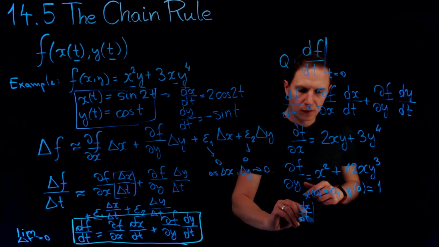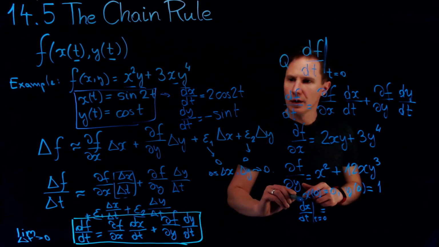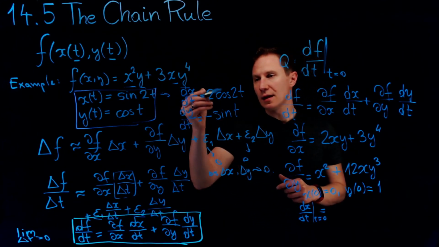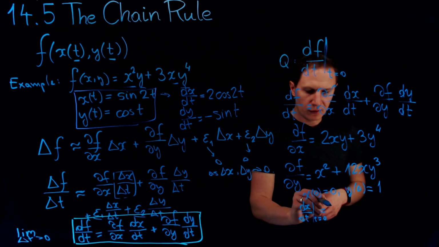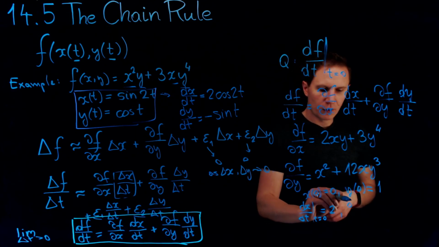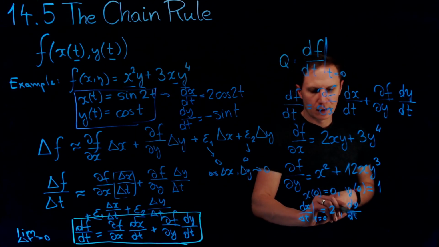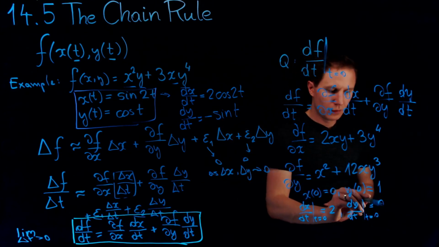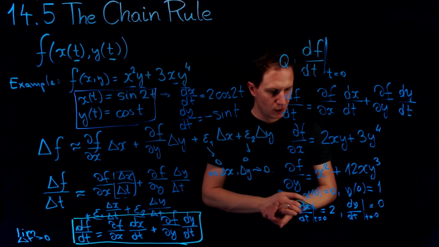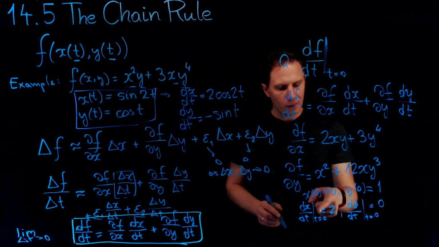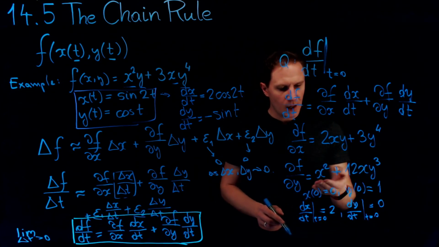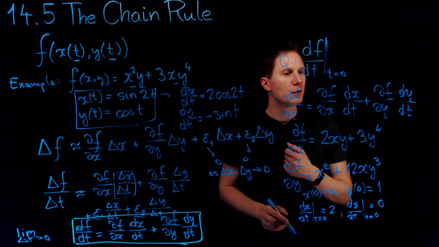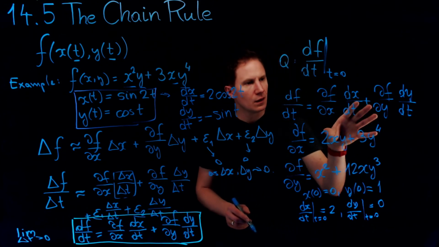At t equals 0, the derivative of x at 0 gives us 2, and the derivative of y at t equals 0 will give us 0, because of the sine of 0. Okay, so now we know what x, y, the derivative of x and the derivative of y are in this formula.